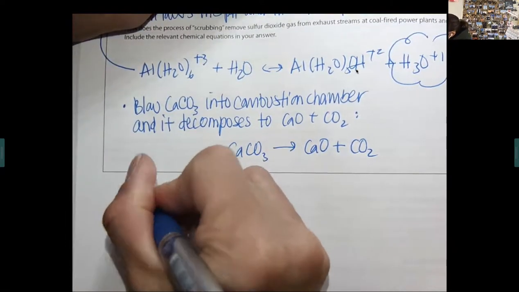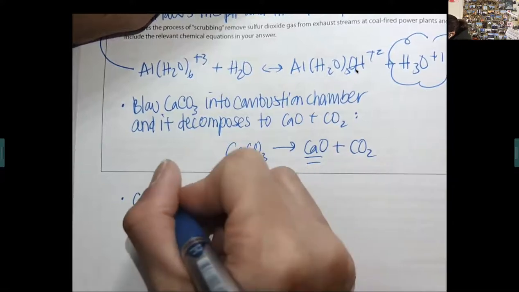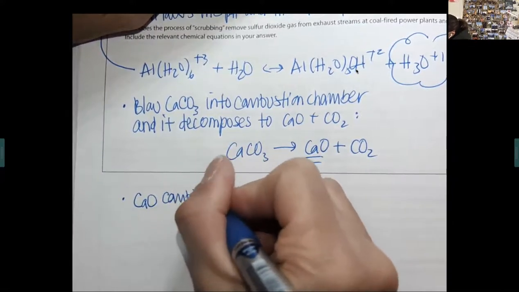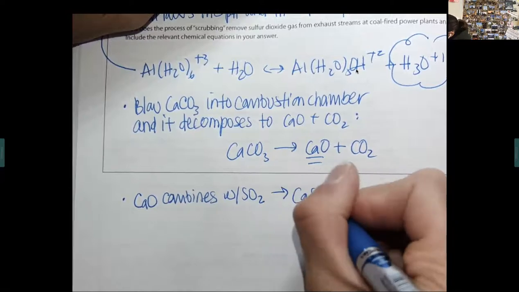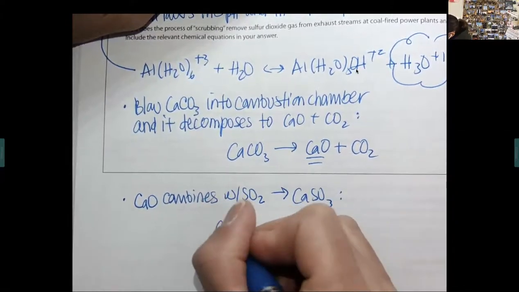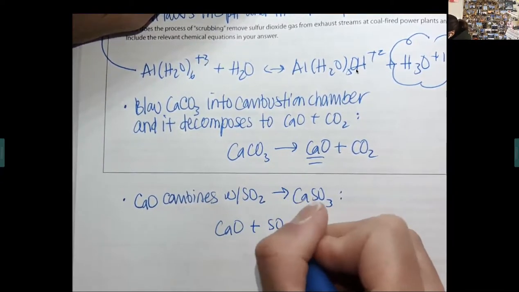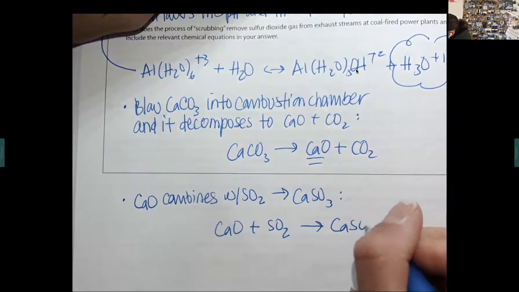Then the calcium oxide, which is here, combines with SO2 to produce calcium sulfite. So that's CaO plus SO2 produces calcium sulfite.